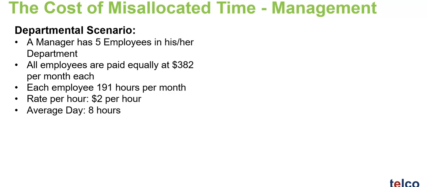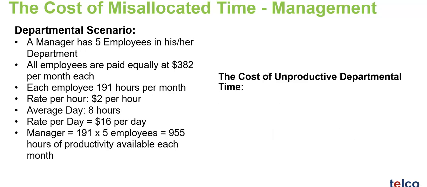The average employee day is about 8 hours, starting at 8 a.m. in the morning, finishing at 5 p.m. in the afternoon. You take out the lunch hour and you get 8 working hours. The rate per day that this average employee is paid is therefore $16 per day.